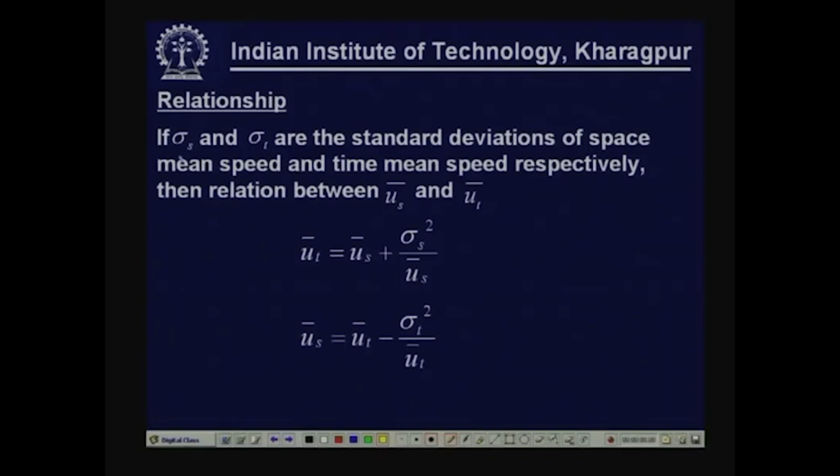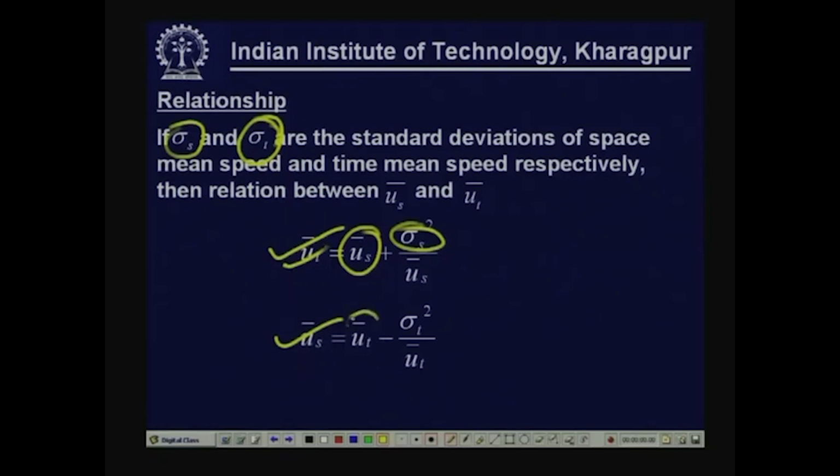Let us consider this the variance with respect to the space mean speed and with respect to the time mean speed, then you can use these two relationships. If you know the mean and the variance of the space mean speed, you can calculate the time mean speed.